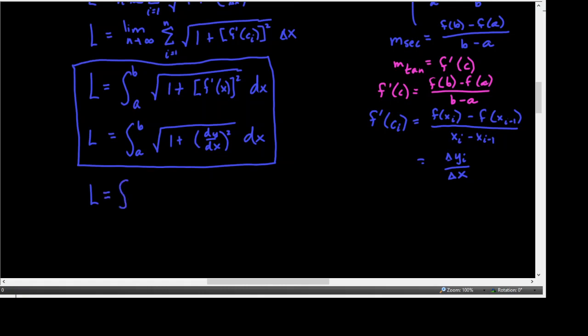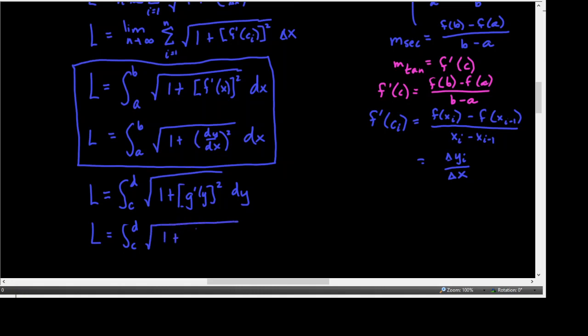The arc length would be from c to d, the integral of the square root of 1 plus g prime of y squared dy, or in Leibniz notation, the integral from c to d of the square root of 1 plus dx dy, quantity squared, dy.